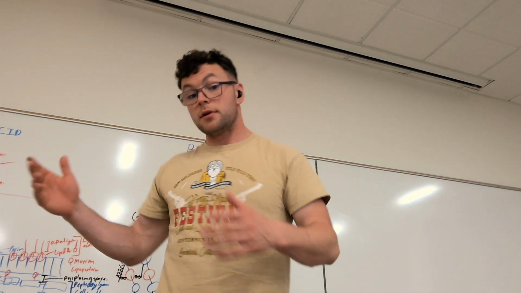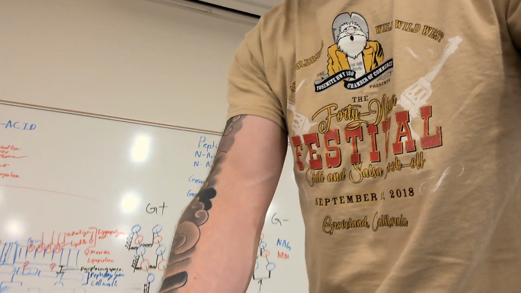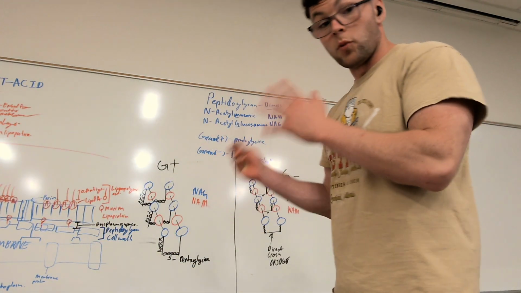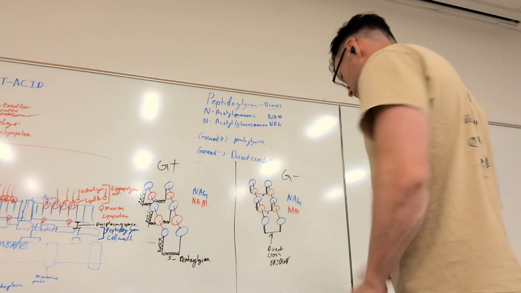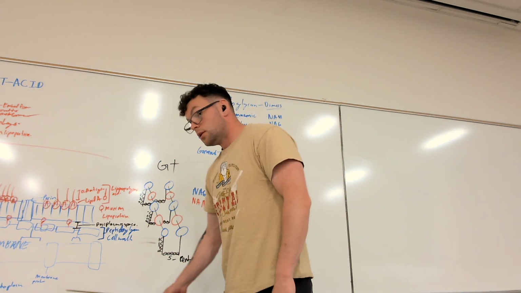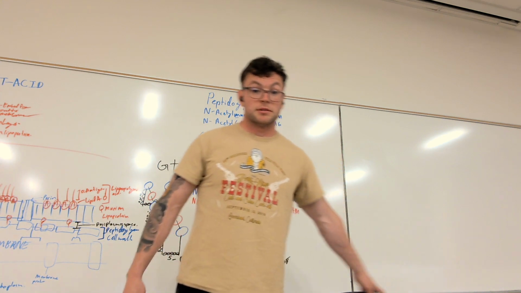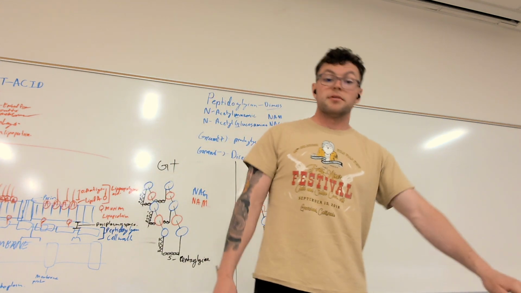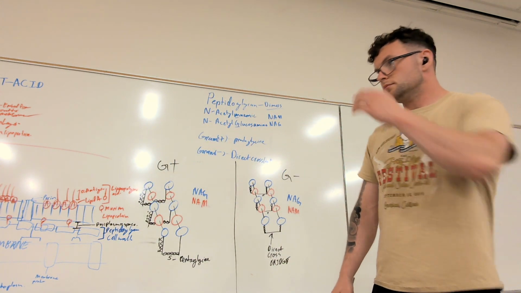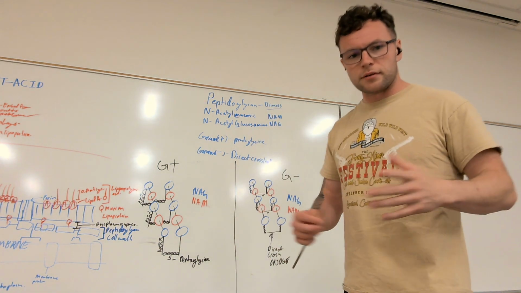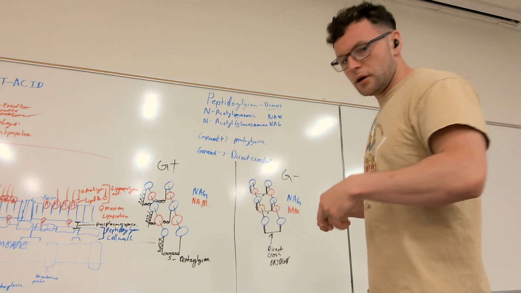What makes up a cell wall, right? Both of them have the wall, right? That's an essential thing. If you're going to have a wall, it's going to be a wall, but there's going to be two different kinds: gram-positive and gram-negative. It's kind of chicken or the egg, from my understanding right now.